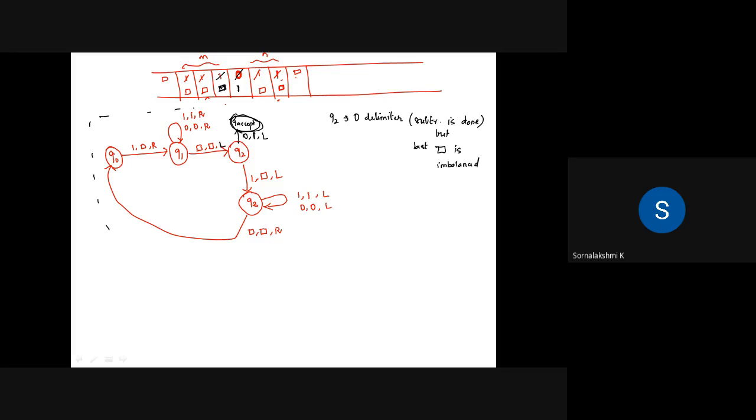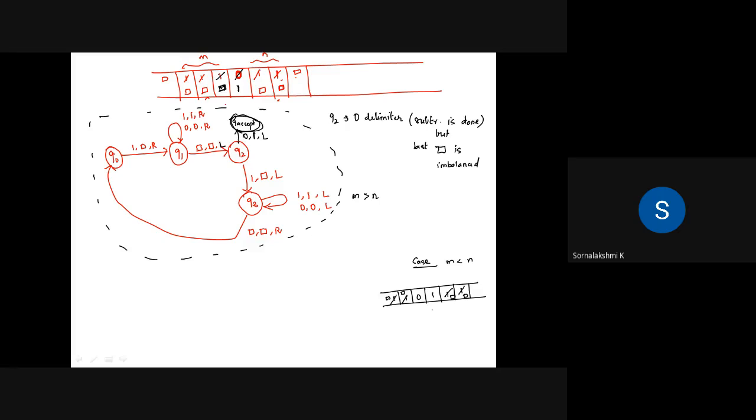Now when my case is m less than n, what happens? Let me take a 2 this side and a 3 that side: 0 followed by 3 ones. Let us quickly consider. This will be blank, this blank, this will be blank, and this will be a blank.